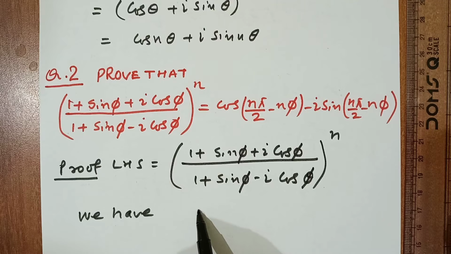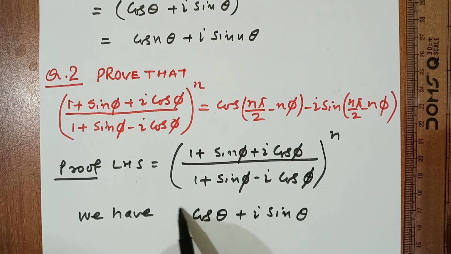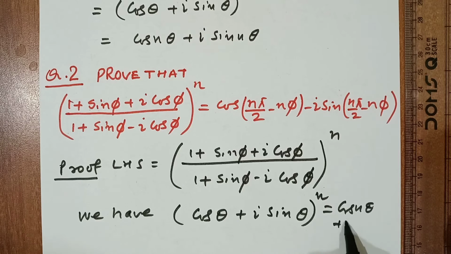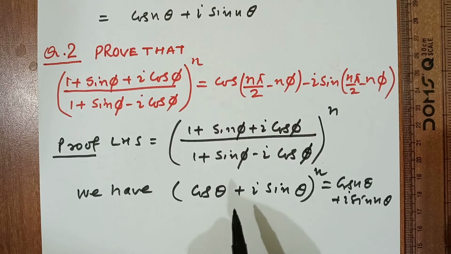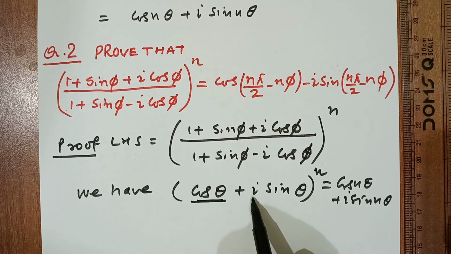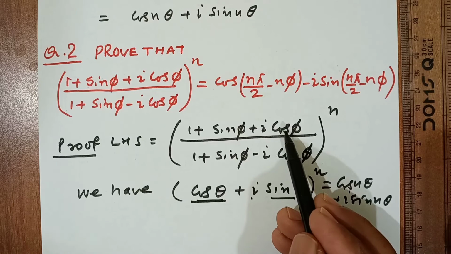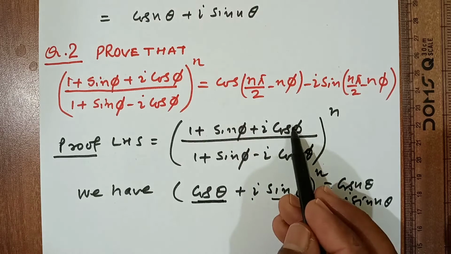By De Moivre's theorem, (cos theta plus i sin theta) to the power n is equal to cos n theta plus i sin n theta. It means we apply De Moivre's theorem when the real part is cos theta and the coefficient of i is sin theta, but here the real part is sin phi, not cos phi, and the coefficient of i is cos. So our aim is to convert this sin into cos and this cos into sin.